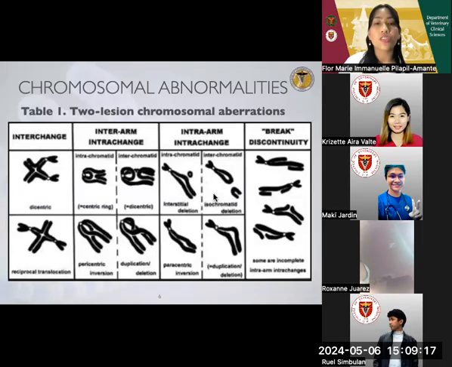Either we have interstitial deletion, so you remove a portion, or we have isochromatid deletion. One portion or one leg has been completely removed. And lastly, we have the discontinuity, meaning one leg has been removed permanently and not replaced at all.